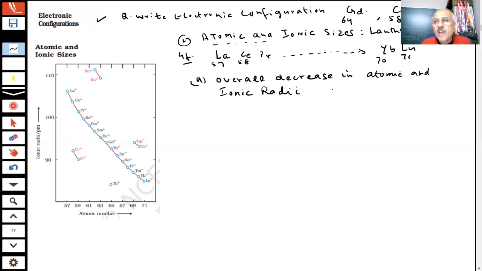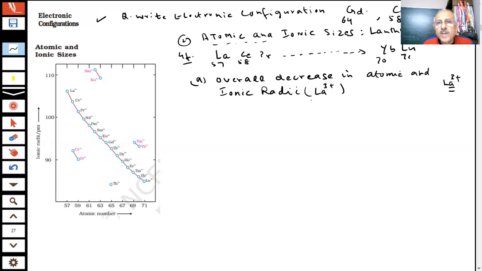There is a decrease, and the most stable oxidation state is 3 plus. Therefore, as I said, 3 plus. So they have been shown as La3 plus. Plus 3 is the most stable state. So ionic radii, when I am talking of La3 plus ions.